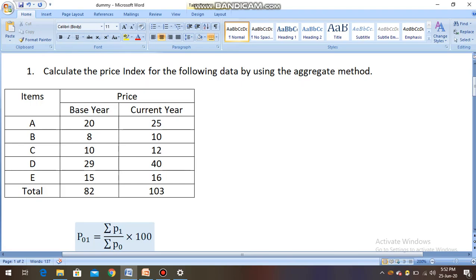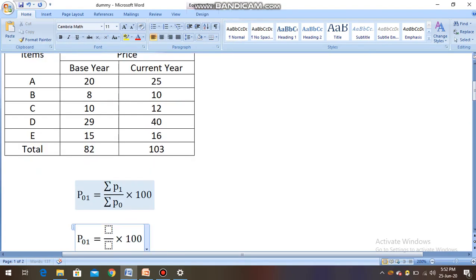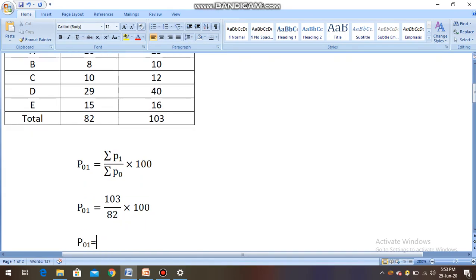Now we have both summation P1 103 and summation P0 82. Substitute them in the formula. So summation P1 is 103 and summation P0 is 82. So now 103 by 82 into 100 is 125.61. So this is the index number for the given data.